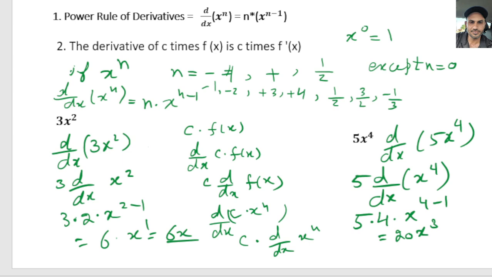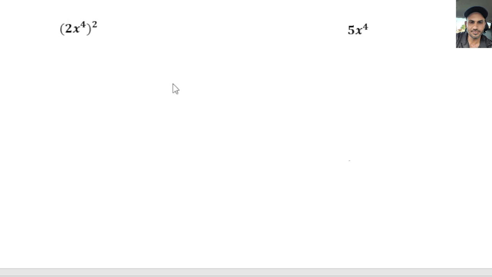All right, let's do a few more examples. We have 2x to the 4th, raised to the 2nd power. What I'm going to do is simplify this first. We take 2 to the 2nd power times x to the 4th to the 2nd power. So we have 4 times x to the 8.